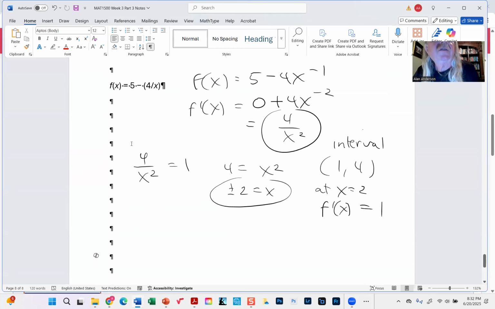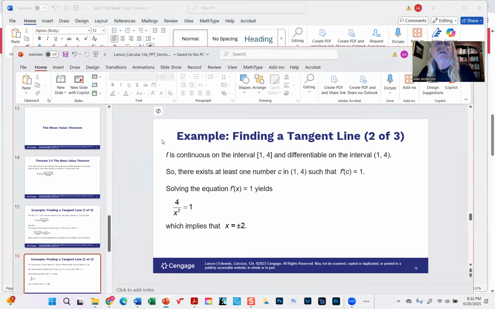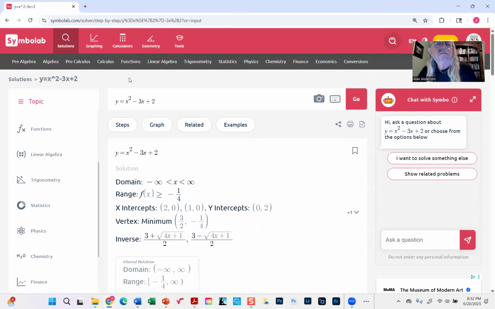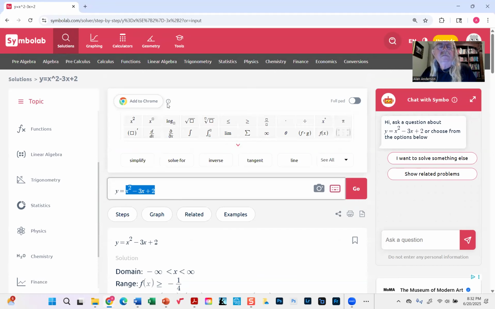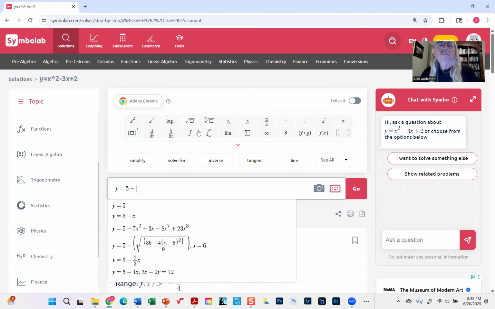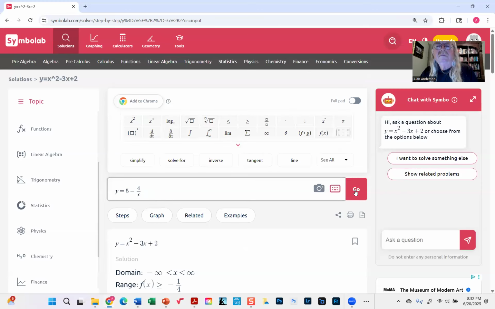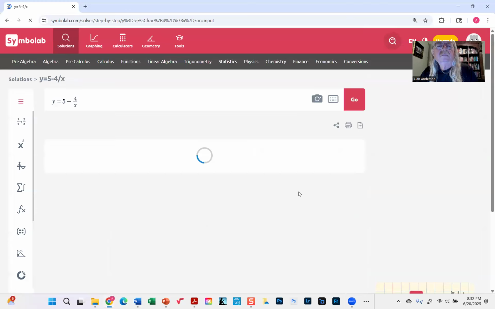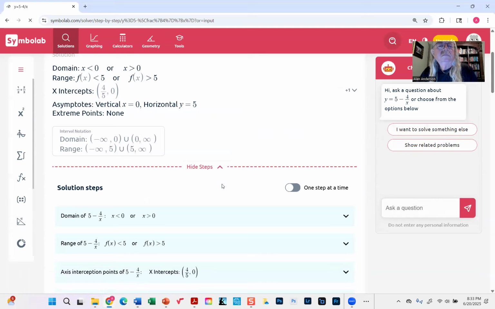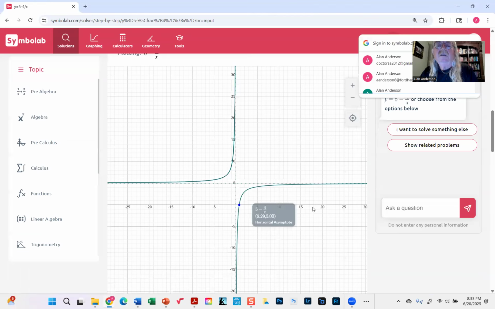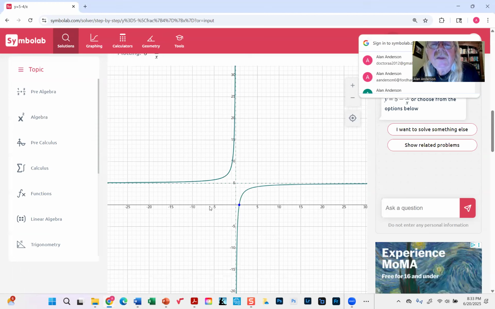It's kind of hard to visualize. 5 minus 4 over x. Okay. So the interval of interest is from 1 to 4. Okay, so we can take a picture of that.